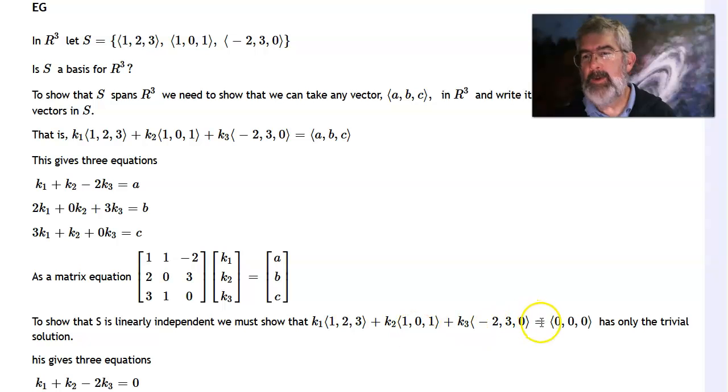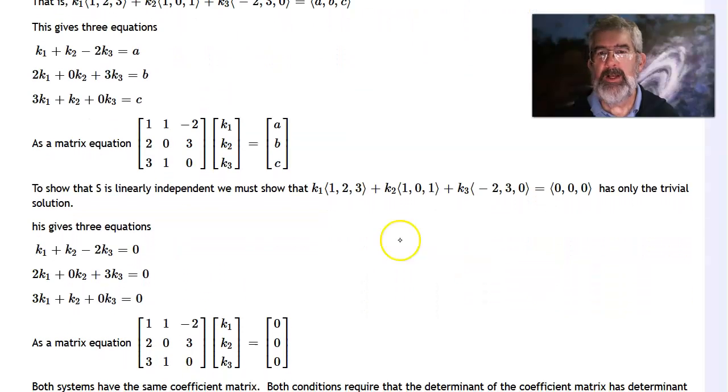Well, this one equation of vectors in R3 can be converted into three real equations, because if the vector on the left equals the vector on the right, then they have to be equal in every component. So the first component, k1 plus k2 minus 2k3, has to equal 0. The second component is 2k1 plus 0k2 plus 3k3, which has to equal 0.